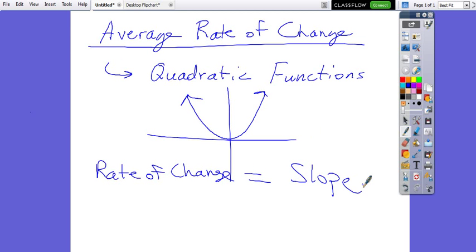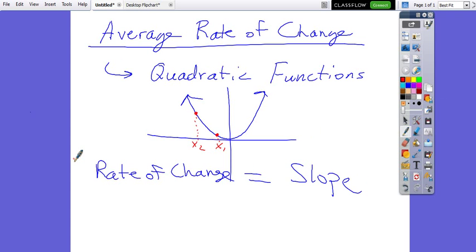So if I were to look at a couple different points on this graph, let's say I look at these 2 points. And these 2 points have a given x value. I'm going to say that this is x1. I'm going to call this x2. Those x values are different, right?